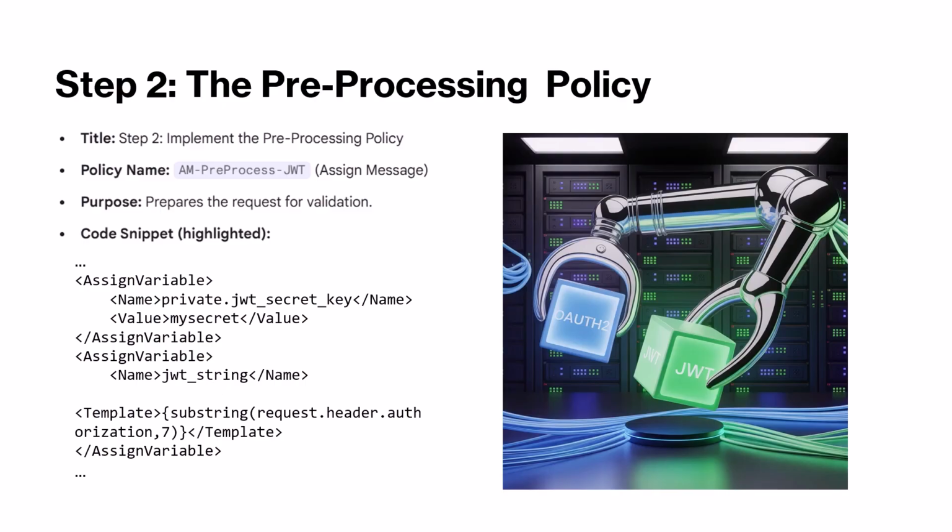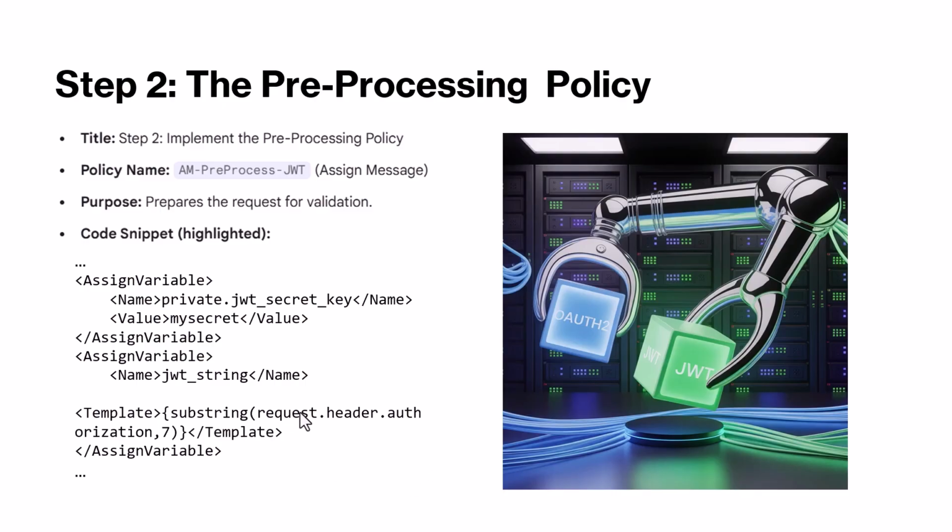Now this is a private variable that I am putting it into, private.jwt_secret_key, and this will be a pure JWT string. The assign variable name is pure JWT string. Another purpose it serves is that it solves a common issue by taking the full authorization header and stripping the first 7 characters.